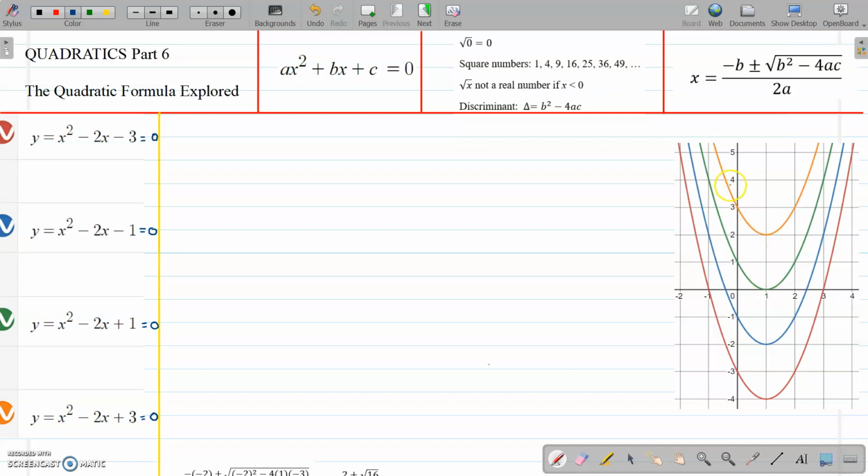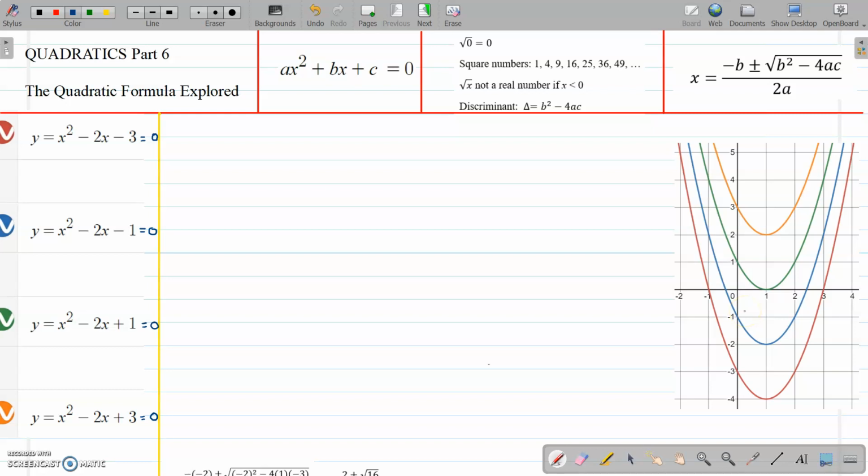And the orange graph comes down as low as 2 and then goes back off towards infinity again and never meets the x-axis or crosses it at all, suggesting it has no real solutions or roots. We're going to explore all of this in the next few minutes.